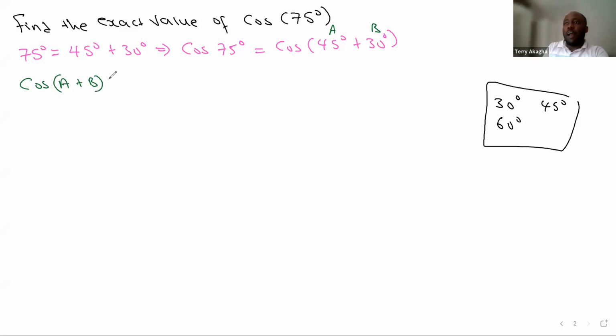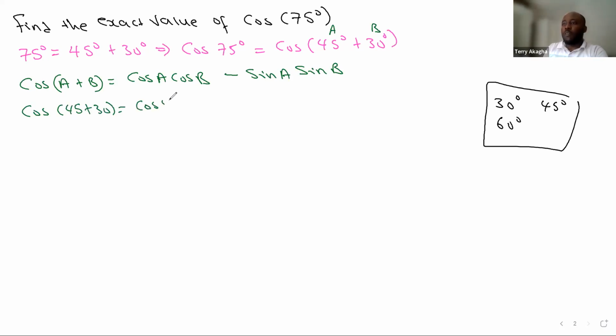To recall, cos(A plus B) is cos A cos B minus sine A sine B. So cos(45 plus 30) equals cos 45 cos 30 minus sine 45 sine 30.